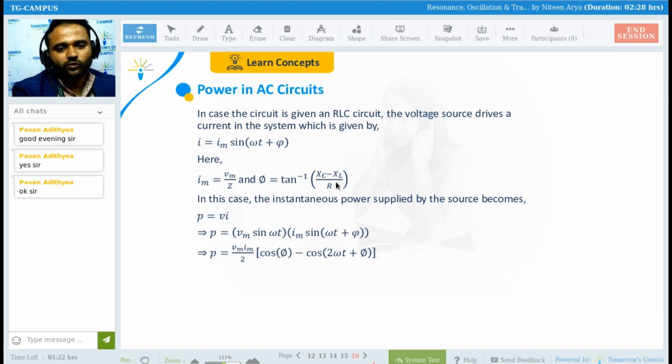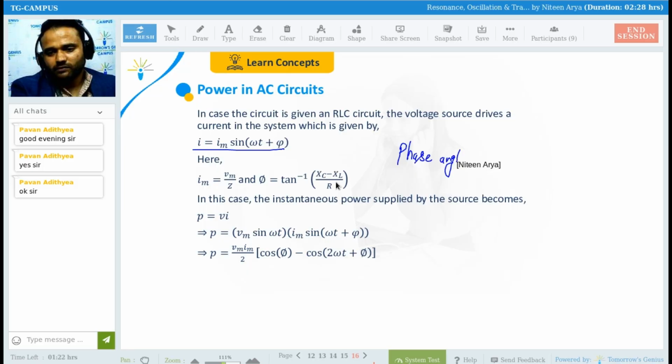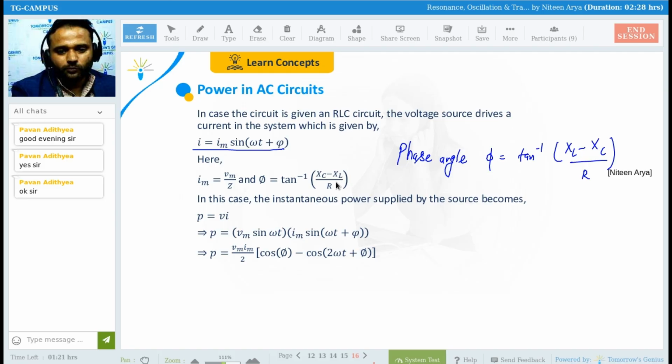Here Im equals Vm by Z, and phi is the phase angle. Phi is tan inverse of (XL minus XC) over R, or you can write |XL minus XC|, but you need to put a modulus here.